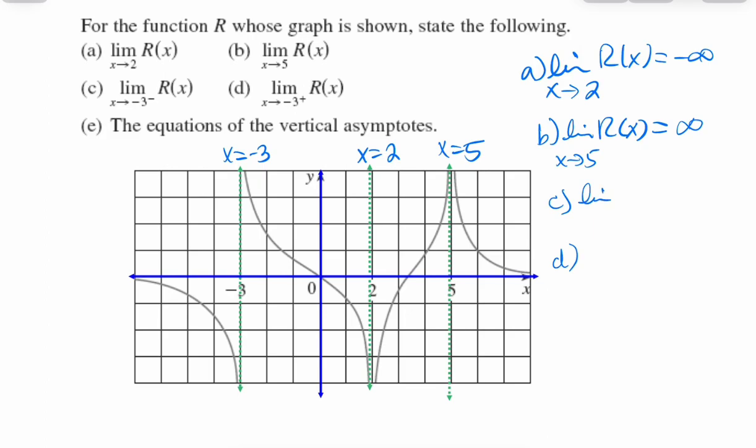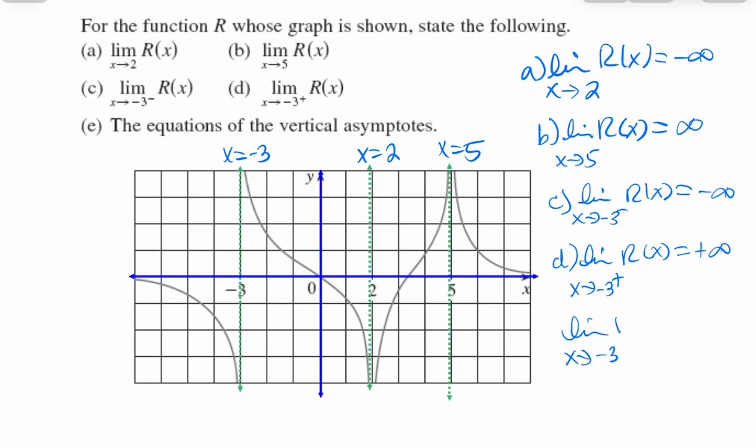Now, the reason they split up C and D is because as we approach -3 from the left, we are going to negative infinity. As we approach -3 from the right, we are going to positive infinity. So if they ask what the limit is at -3, we would say it does not exist.